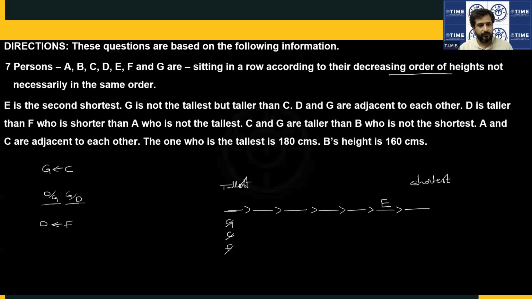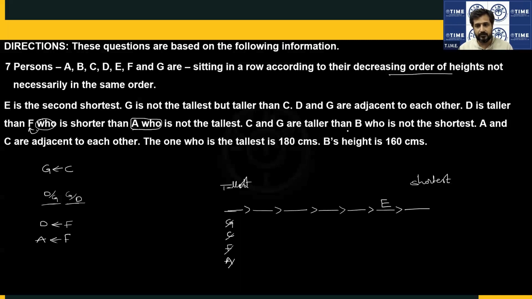F is shorter than A, which is as good as A is taller than F. So A is not the tallest, and A will not be in the first position.